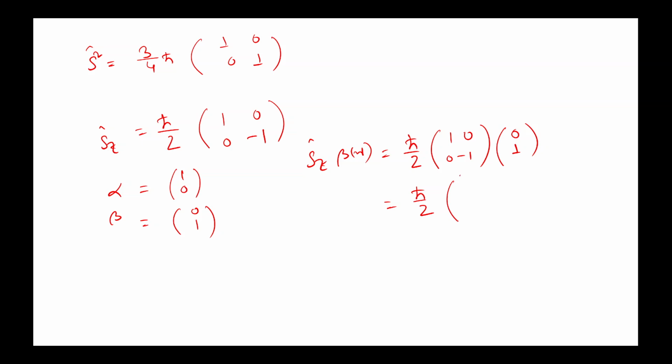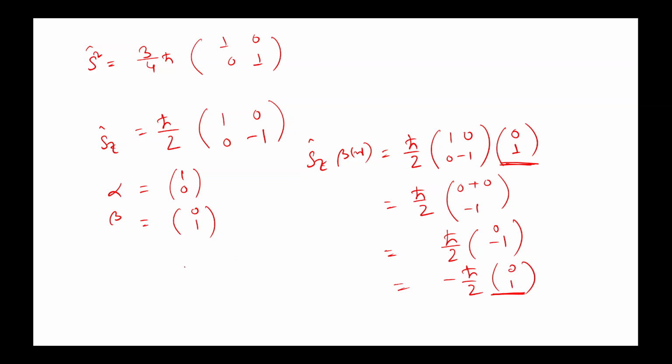So this is 1 times 0 is 0 and 0 times 1 is 0. Then you are left with h cross by 2 times 0 minus 1. You can take out this minus here. So now you have the same wave function back, but with the eigenvalue minus h cross by 2. So that's what we have expected, right, when Sz operates on beta.